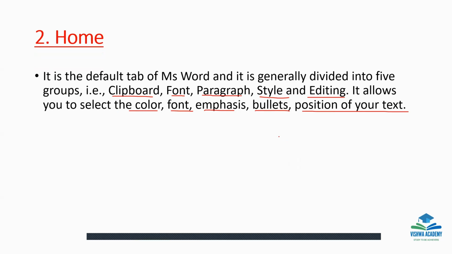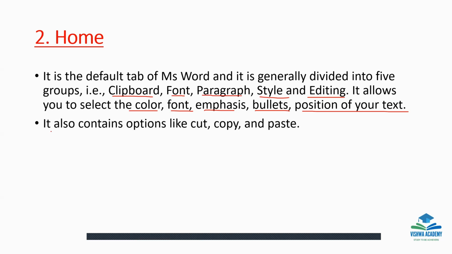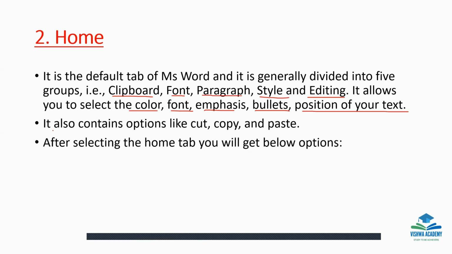How does it look and where do you get all of these options? The next picture shows you the home tab. It also contains options like cut, copy and paste. After selecting the home tab, you will get the options below, which is basically a picture of the home tab, how it actually looks in MS Word.